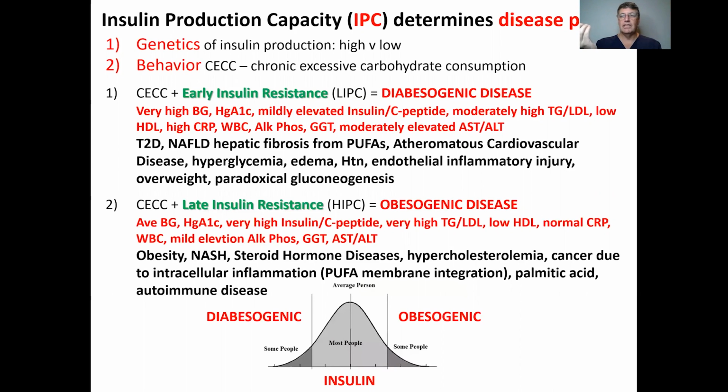You see insulin resistance, mild elevation if you measure insulin. And I would urge any doctor working in this space, which most doctors never do, to check C-peptide and insulin levels. And if it's moderately elevated, but you've got a very high blood sugar, you know that person is diabetogenic. And the diseases you can expect would be a rise in A1C that we call diabetes, type 2 diabetes.